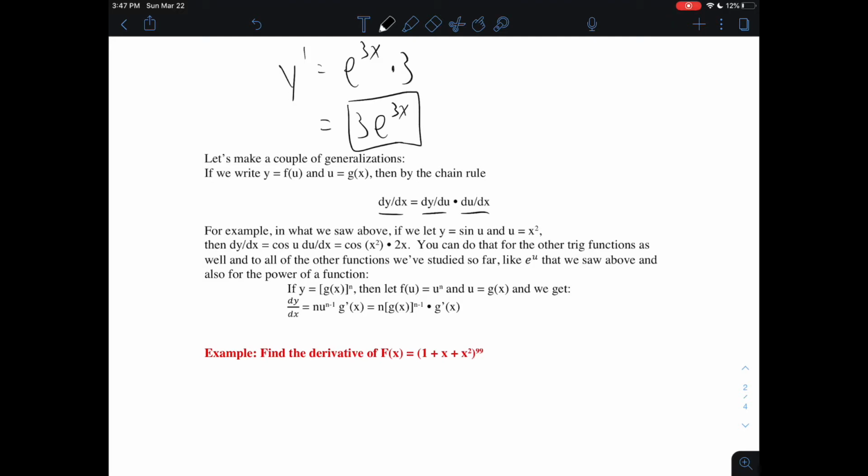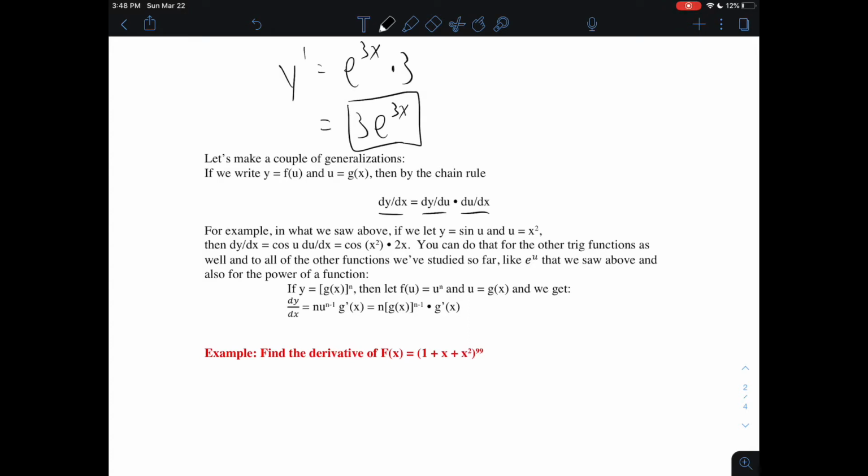And then we get dy dx is equal to, by the power rule, n times u to the n minus 1 times g prime of x, which is the same thing as writing n times g of x to the n minus 1 times g prime of x. All of these generalizations are exemplified in those three examples that we just finished above.